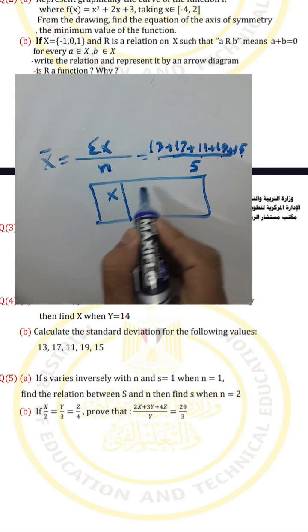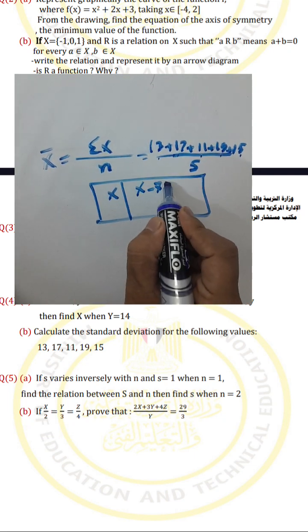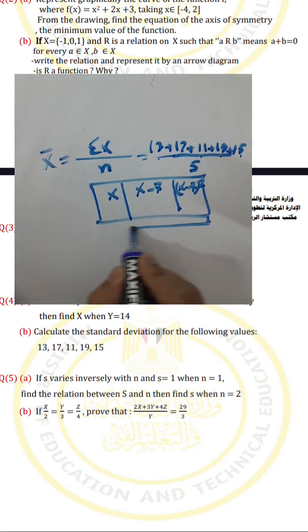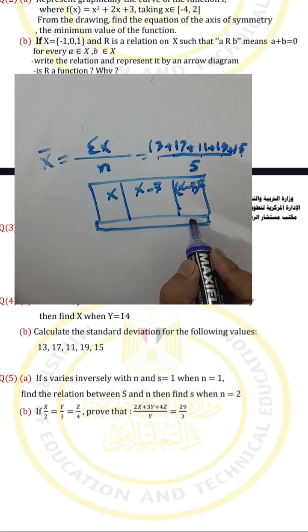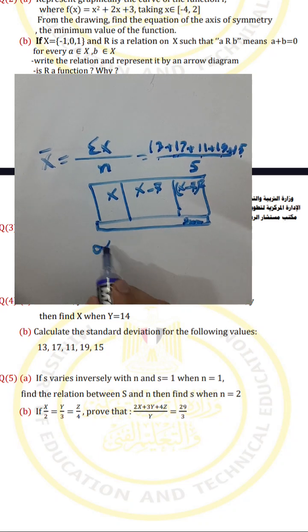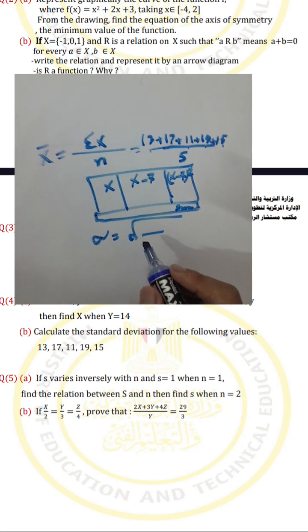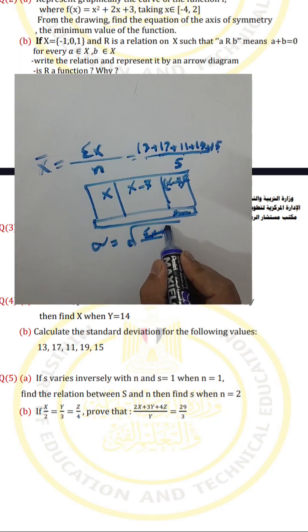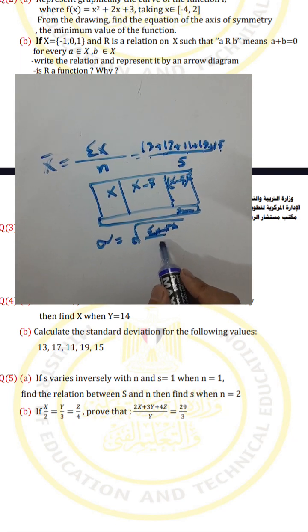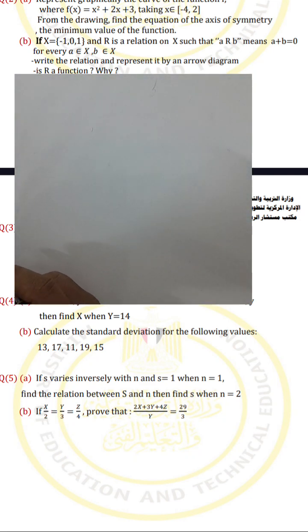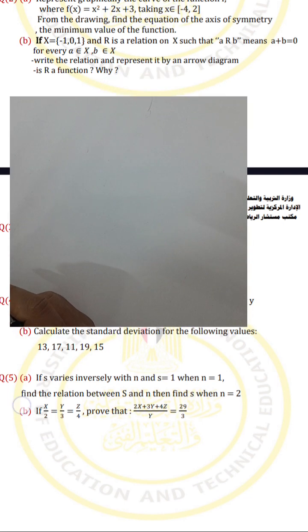Write x, x subtract x bar, and (x subtract x bar) squared, and then find the sum of all results here, summation, and write sigma equals the square root of the summation of (x subtract x bar) squared divided by the number of elements, by using a calculator. Okay, it's easy for you, you can find the result. It's a famous question.